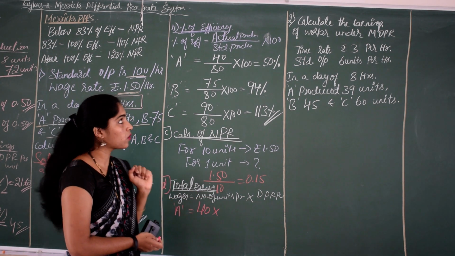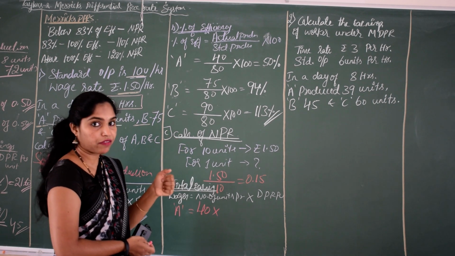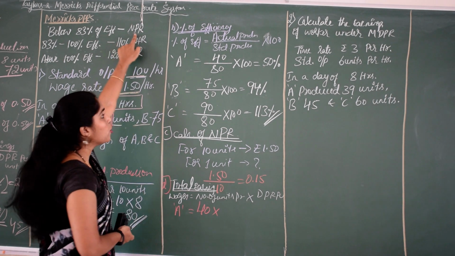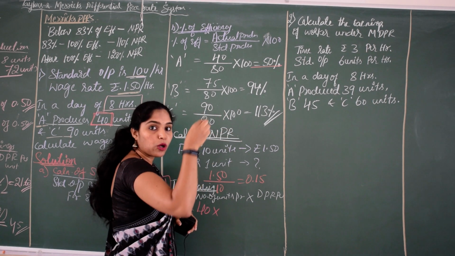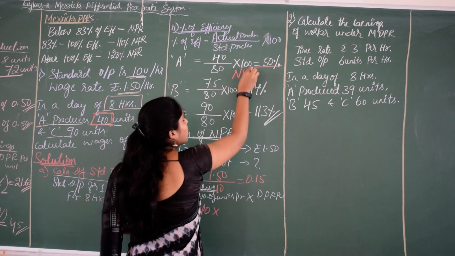Why can we take the normal piece rate? Because he comes under below standard. His level of efficiency is less than 83%. So, he is eligible for the normal piece rate. See, if the performance is below 83%, then he is eligible for the normal piece rate.